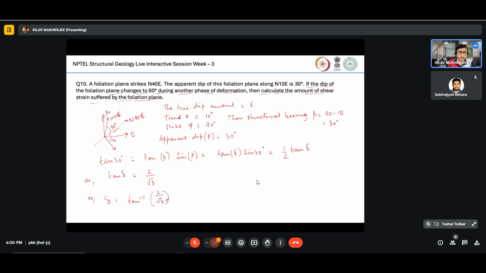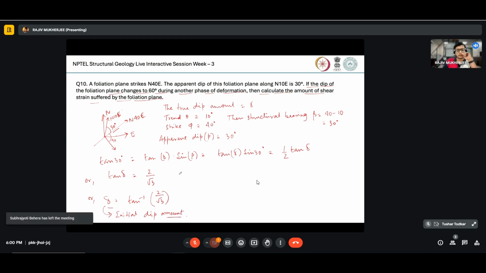This is the initial dip amount, right? So we can calculate it, and delta is 49 degrees.